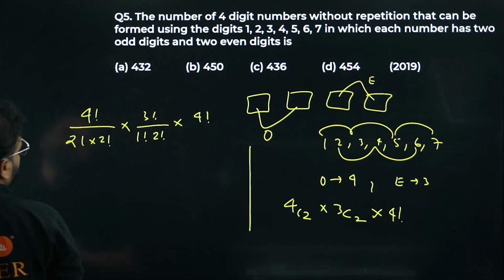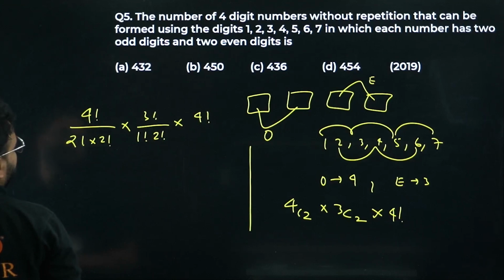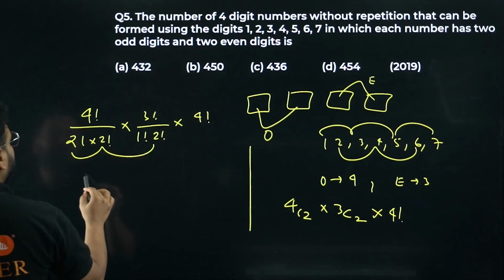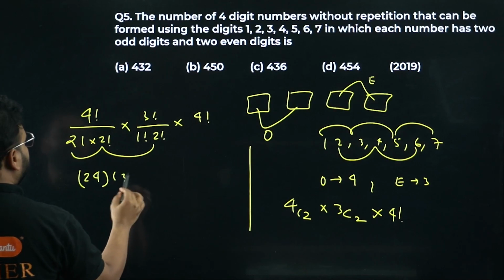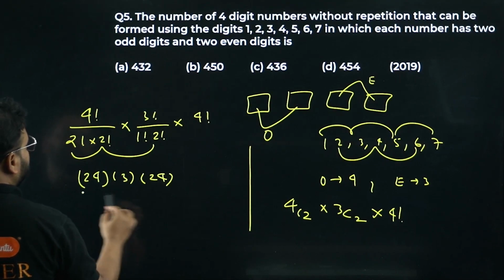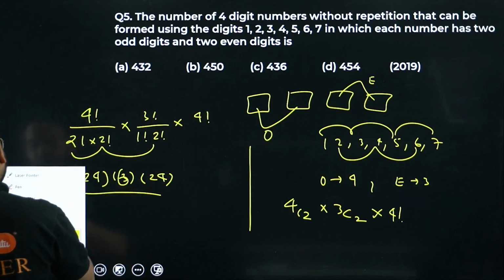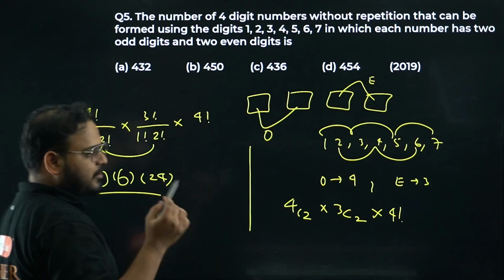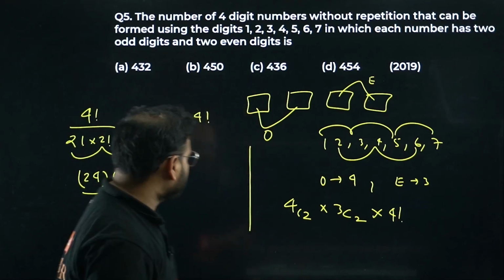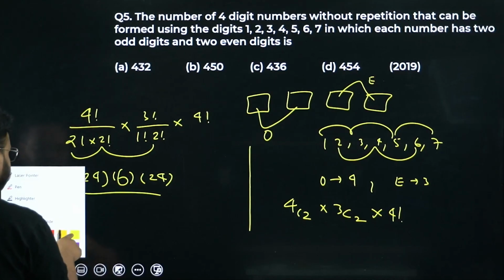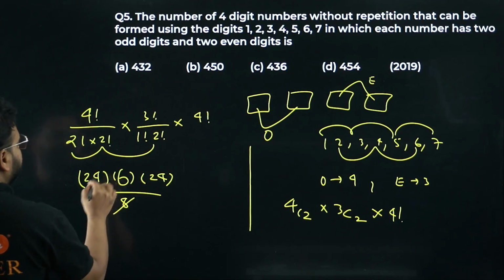So I'm getting here 2 into 2 into 2, right? This is going to be 24 into 3 factorial, which is 6. You should know these values: 3 factorial is 6, 4 factorial is 24. That is not a problem. Divide by 8, I have 8 3s here.